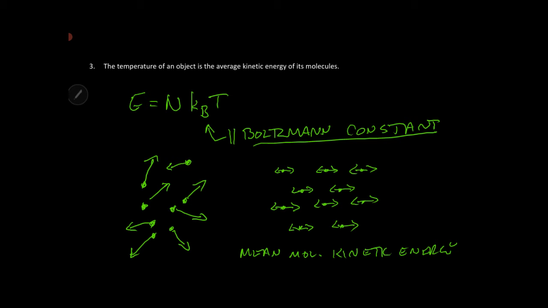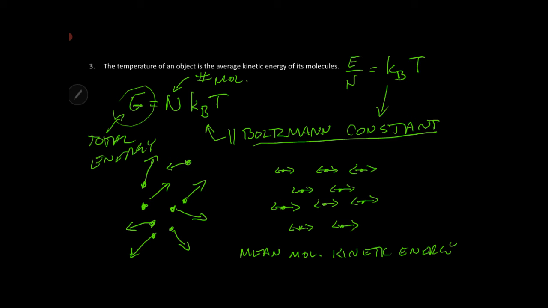But you see, this is the total energy here. This is the number of molecules. Right, so your average energy is just going to be your total energy over the number of molecules, which is equal to this thing called the Boltzmann constant times the temperature.